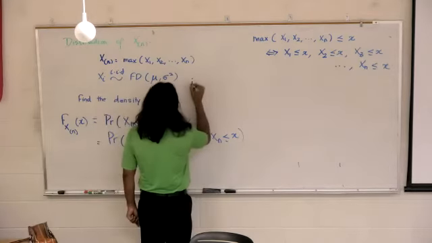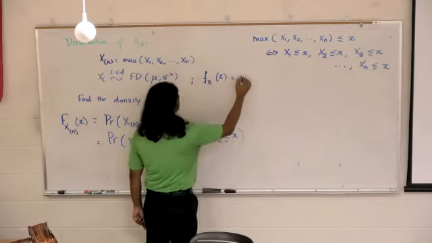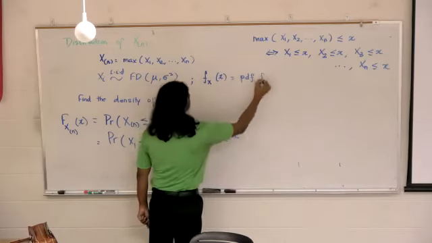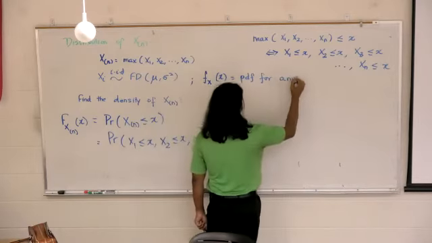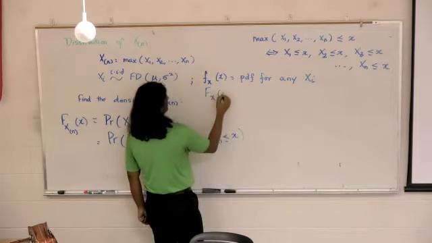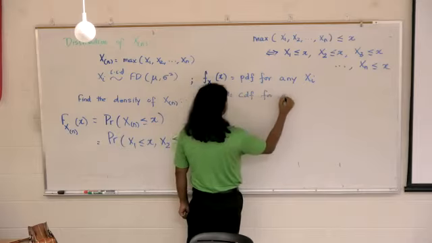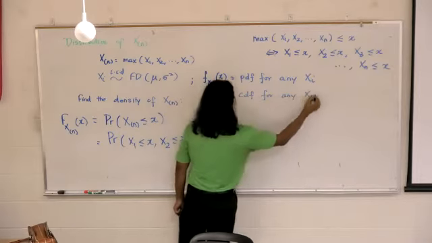We'll just call the density f_X(x). It's the PDF for any Xi, and uppercase F_X(x) would be the CDF for any Xi.